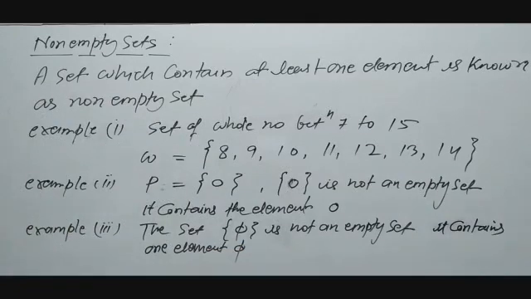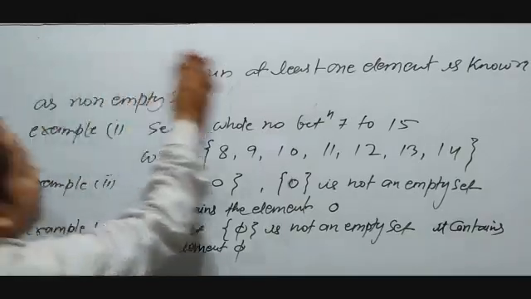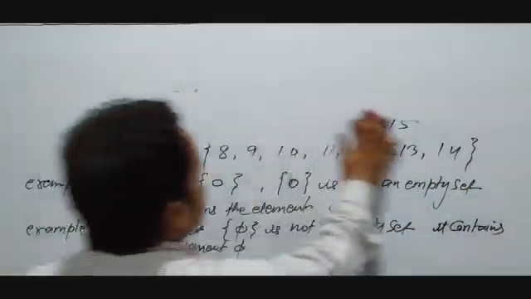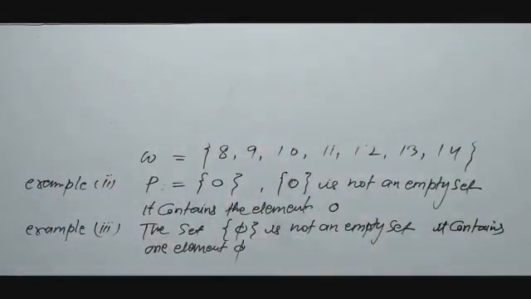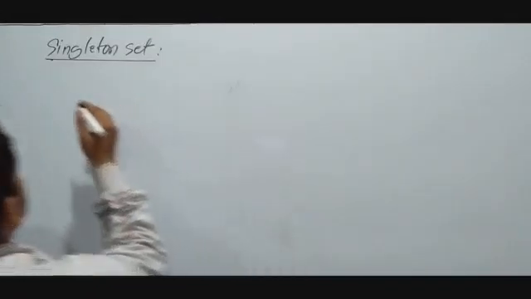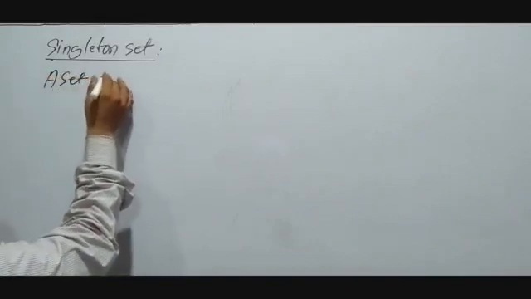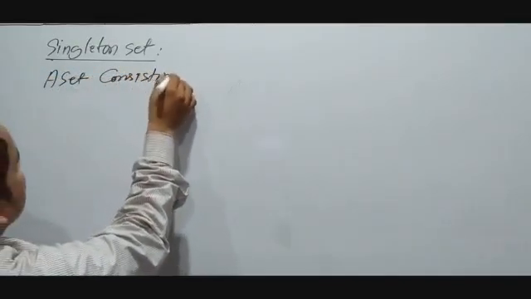Now come to the next type of sets, that is singleton set. The next type of set is the singleton set, means a set consisting of only a single element, or you can say only one element.